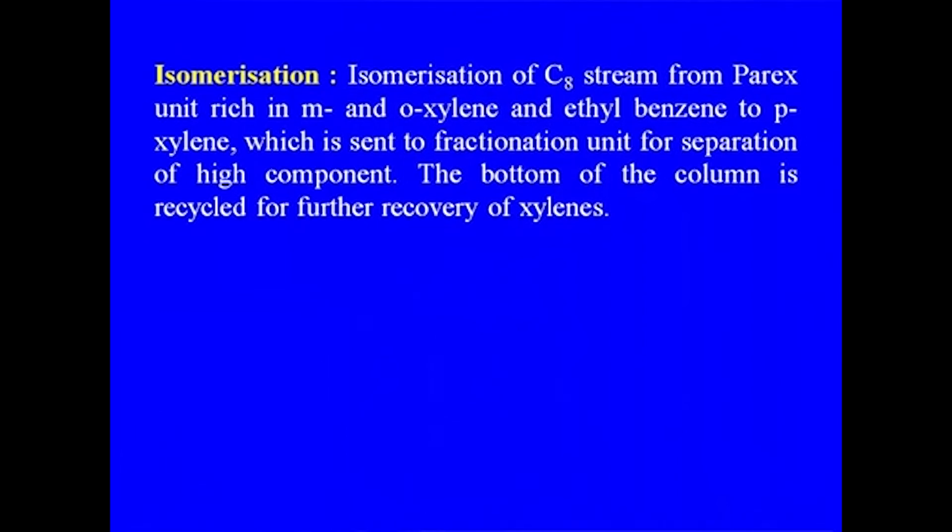Isomerization of the C8 stream from the Parex unit gives meta and orthoxylene and ethyl benzene to para-xylene, which is sent to the fractionating unit for separation of the high-end component. The bottom of the column is recycled for further recovery of the xylene.